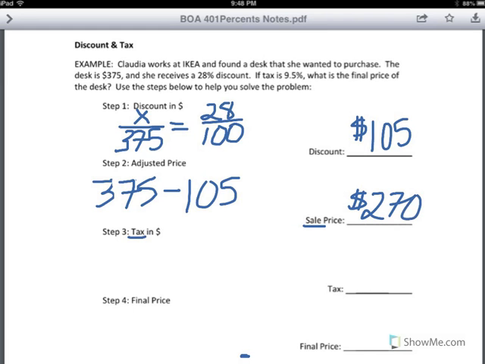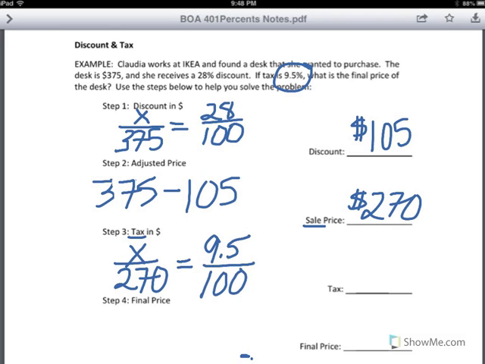Now we're going to go about finding the tax. When we have the tax, that's still a percent of our new total, which is our sale price. We're going to use is over of equals percent over 100, and our tax rate, notice from the top, is 9.5%. So 9.5 out of 100.